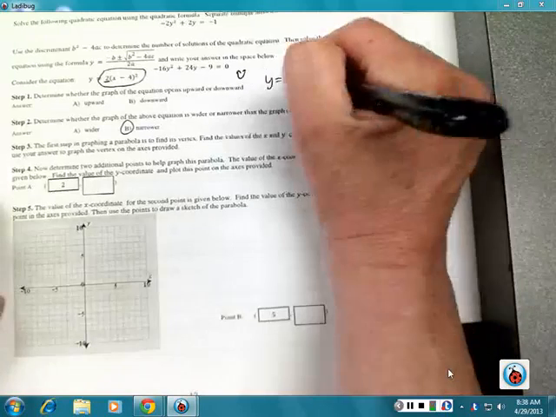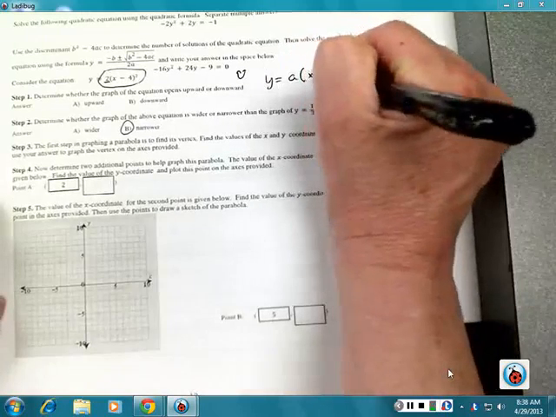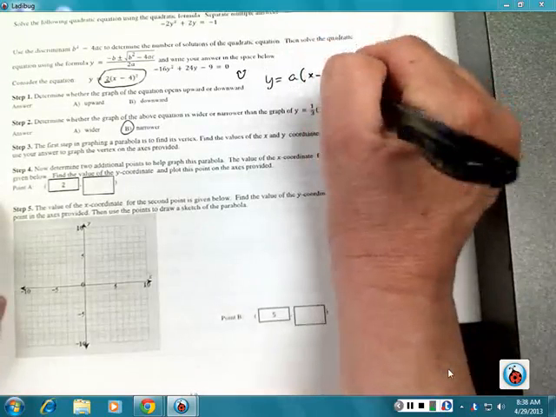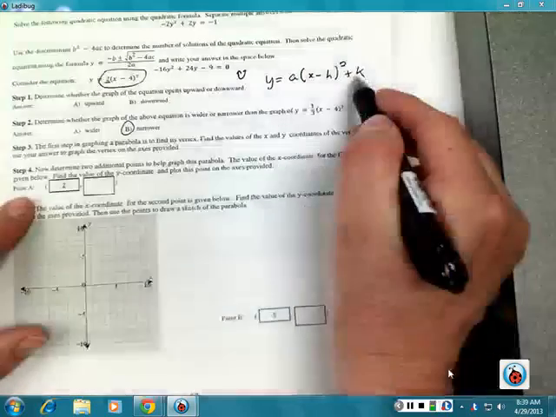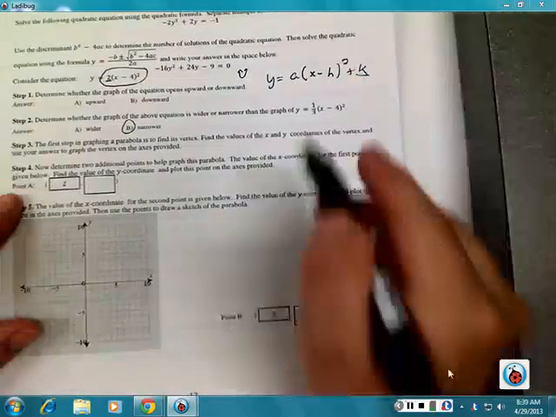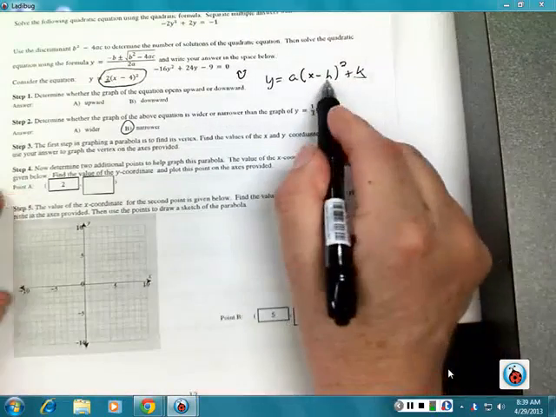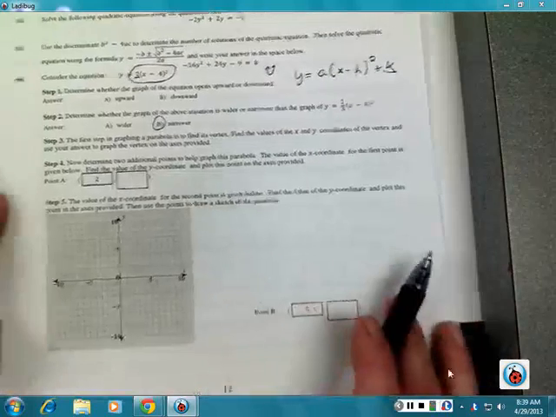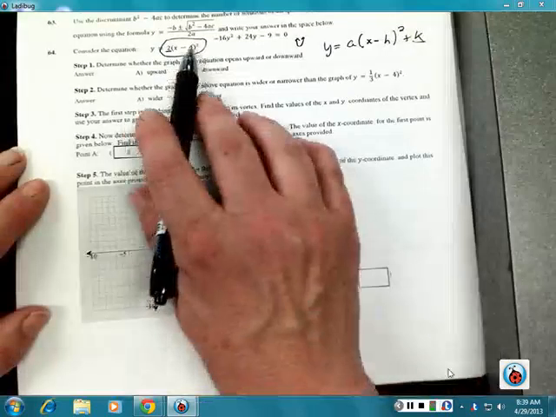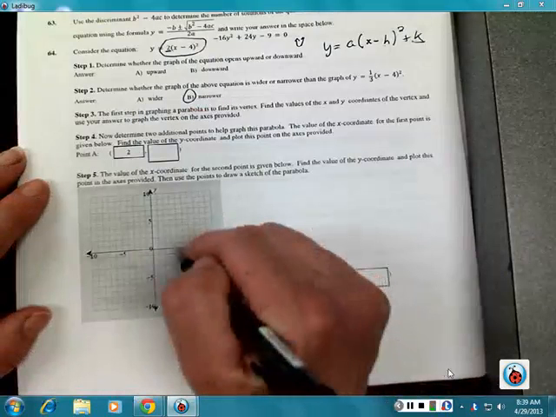Y equals a(x minus h) squared plus k. K tells us the up and down, okay? H tells us to move the opposite of what h is on the x-axis down here. So if I were to graph this one, it would tell me I'm over 4 this way.